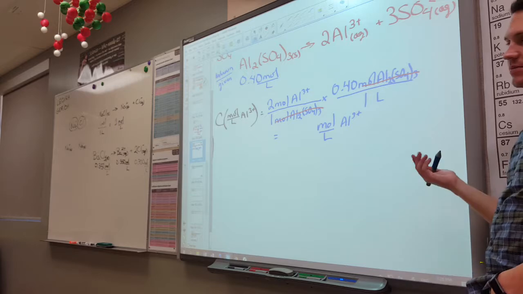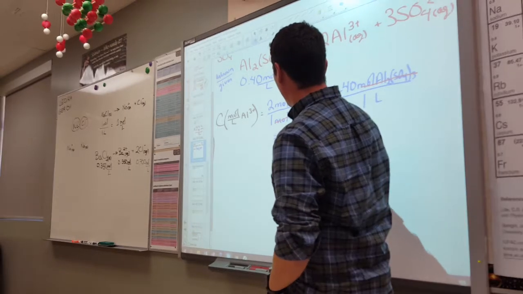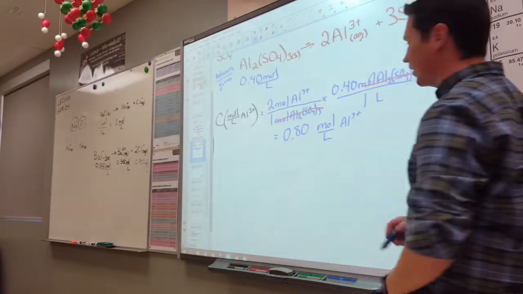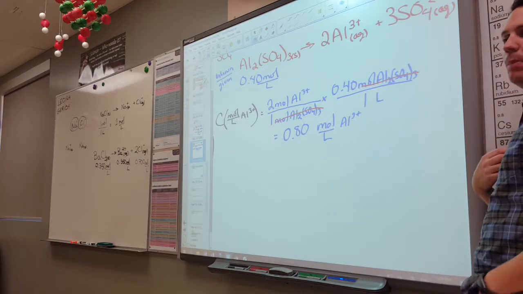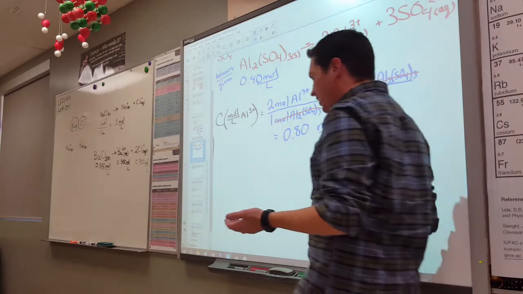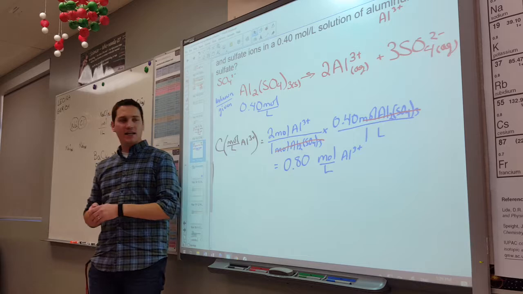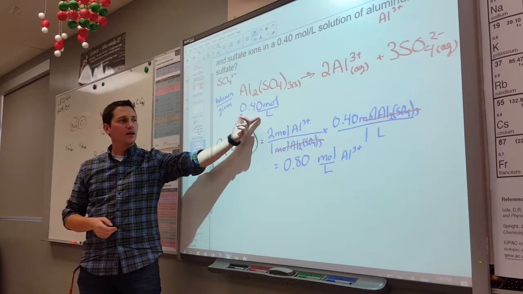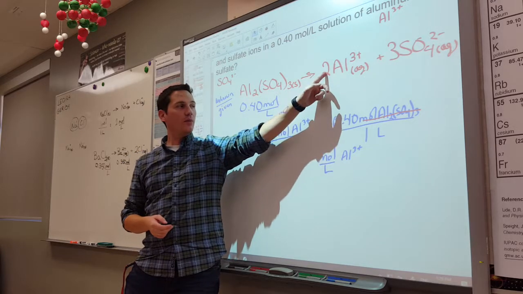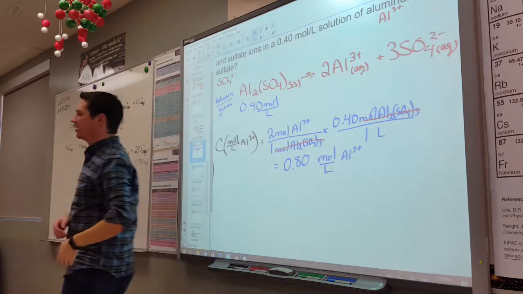So what is it? 2 times 4 is 8. So 0.80 moles per liter, right? But is that exactly what you would expect? Yeah, that's exactly what you expect. If we started with 0.4 moles of this, then we would end up with double whatever we started with, so 0.8 moles per liter.